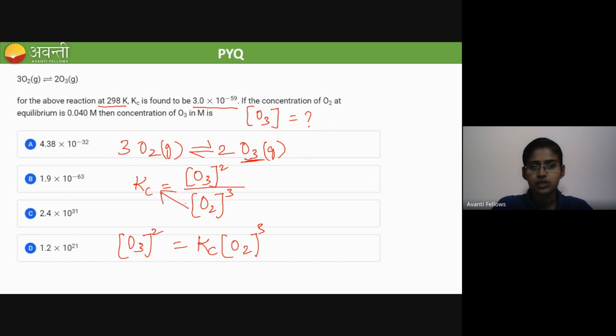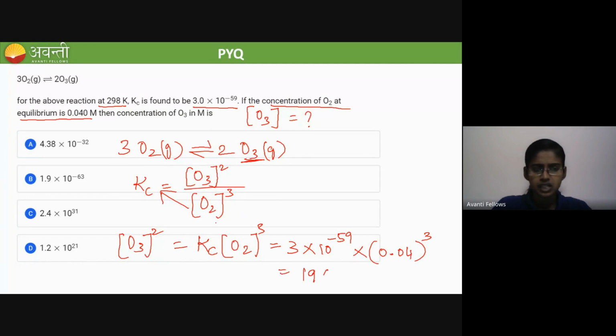Now substitute the values. So Kc is 3 into 10 to the power minus 59 into, what is the concentration of oxygen? The concentration of O2 at equilibrium is 0.04 power 3. Now if we solve all these things, we will get 19 into 10 to the power minus 64 as the value for concentration of O3 square.